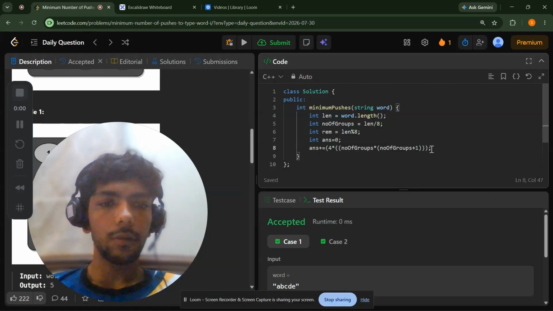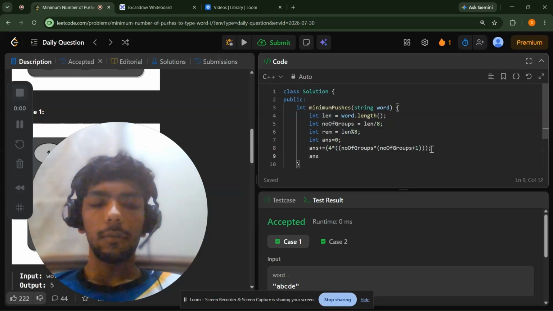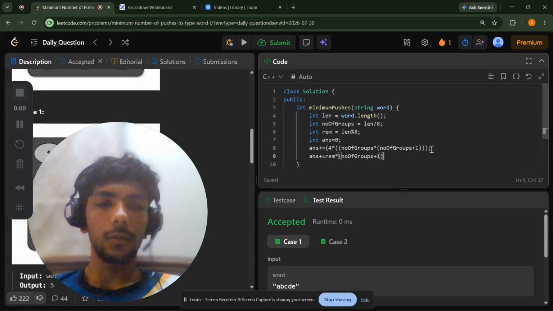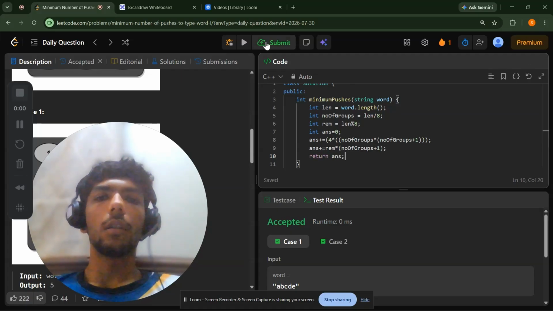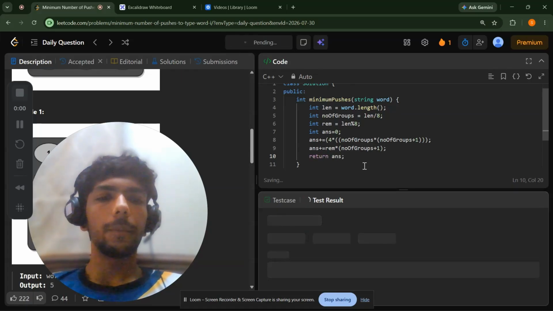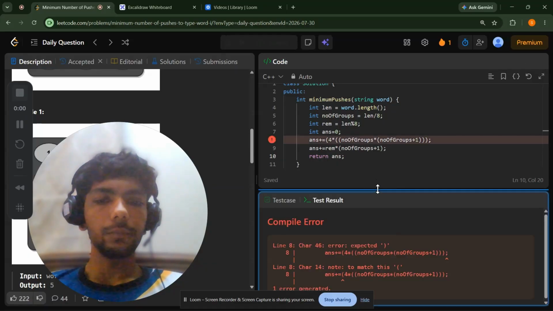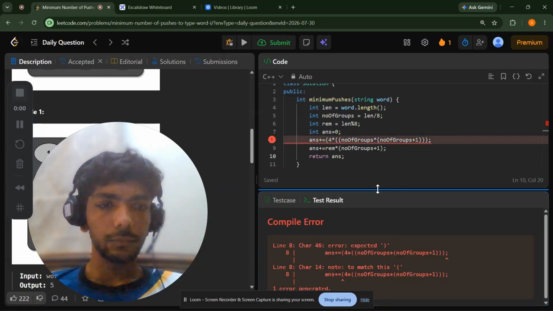And plus equals rem star number of groups plus 1.